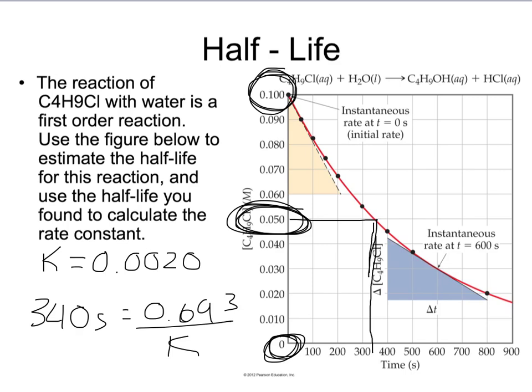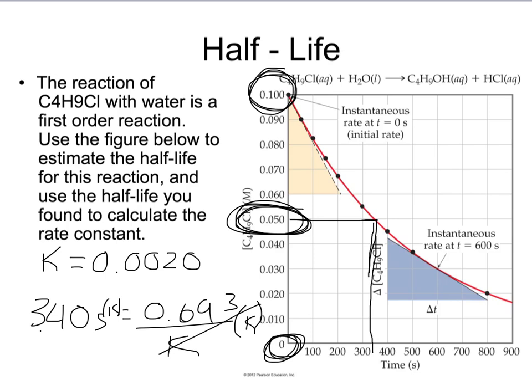And then what are my units here? Because ultimately, we multiplied both sides here by K. Now K is canceled out. So that left me with 340 seconds times K equals 0.693. So then remember we said to get K, we're going to divide by 340 seconds on both sides. So K is equal to 0.693 over 340 seconds.